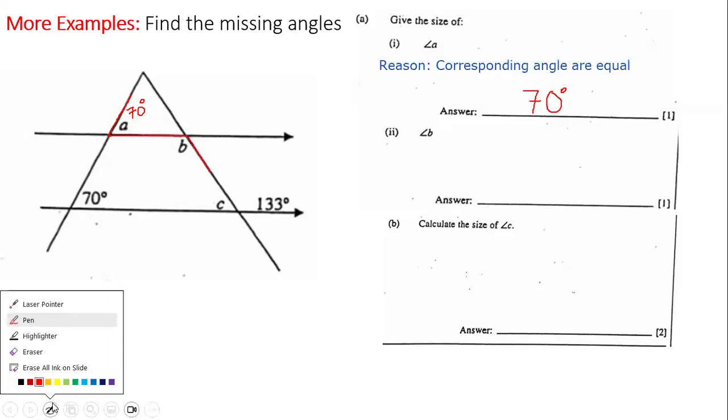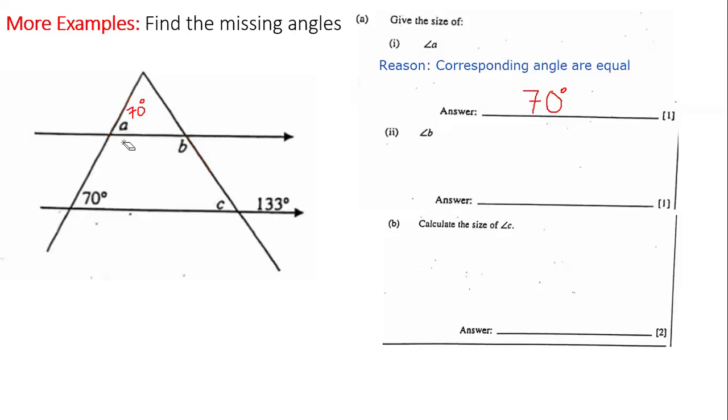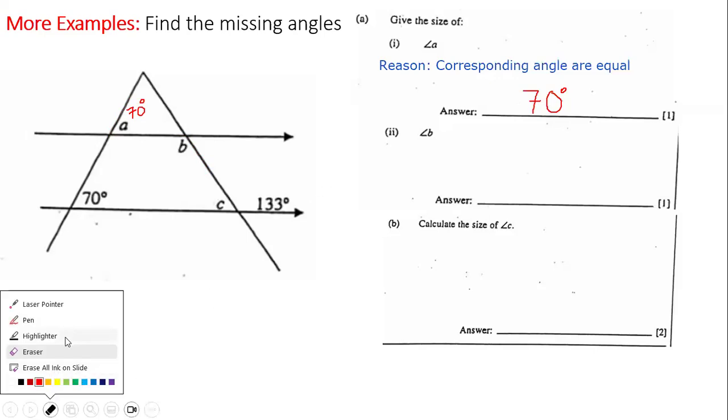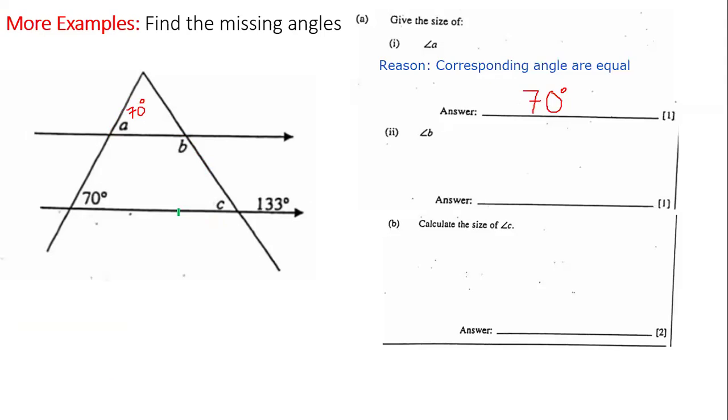Are they in a straight line? Are they at a common point? No, sir. So what could we do? We already know A is 70. Let's do C first. C is easy. What is C? Everyone should know. C is 47 degrees. Angles on a straight line at a common point must add up to 180 degrees.